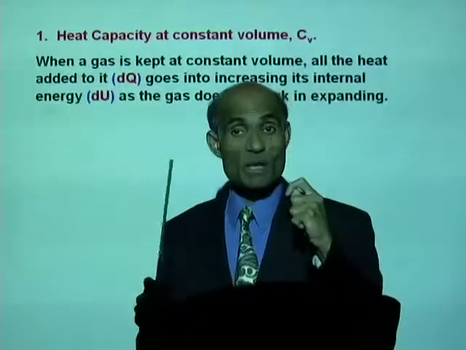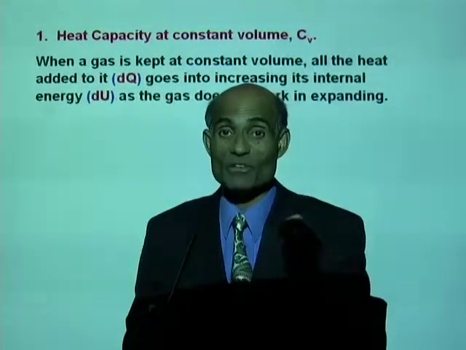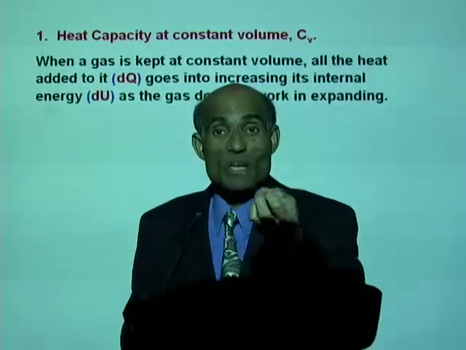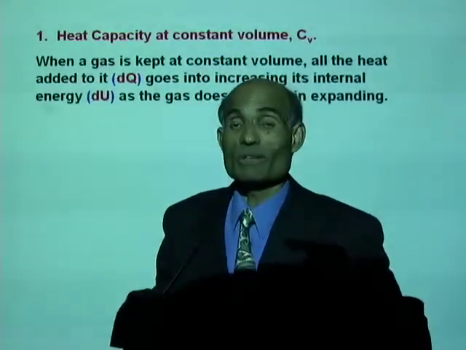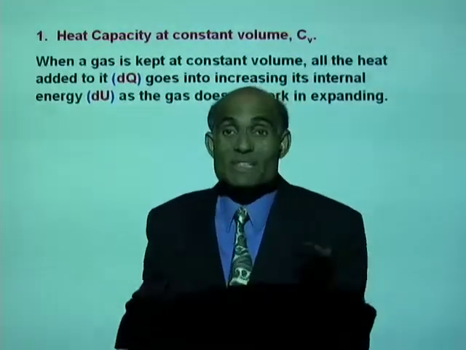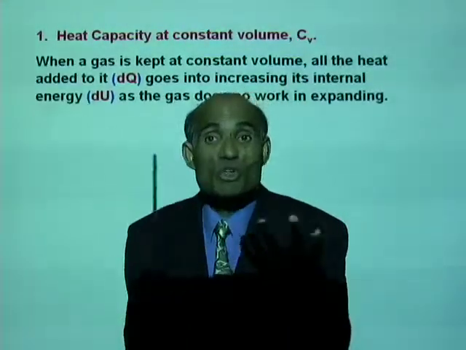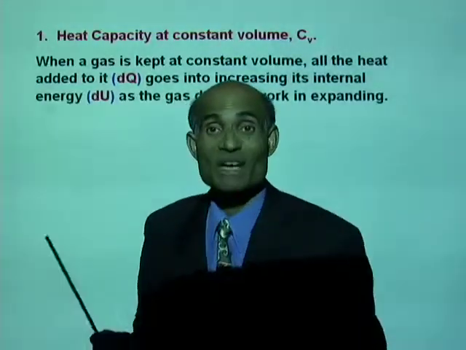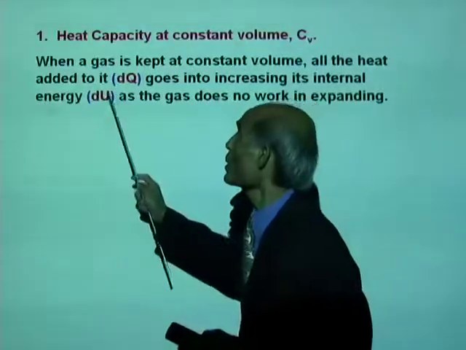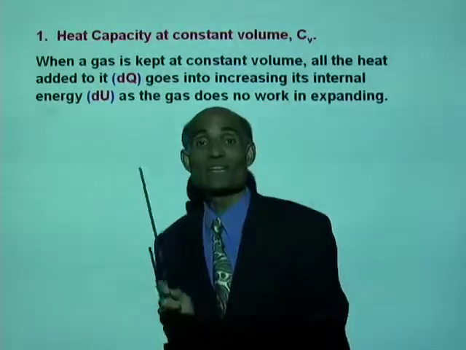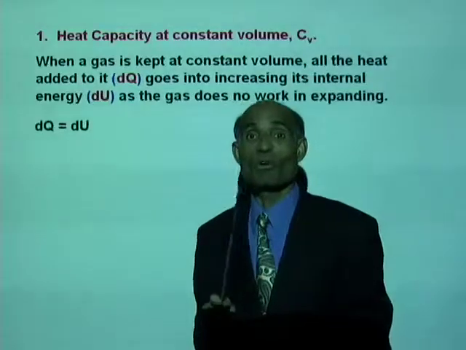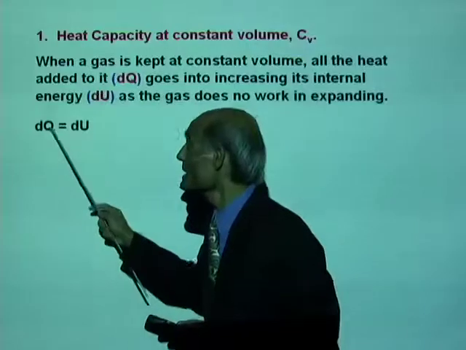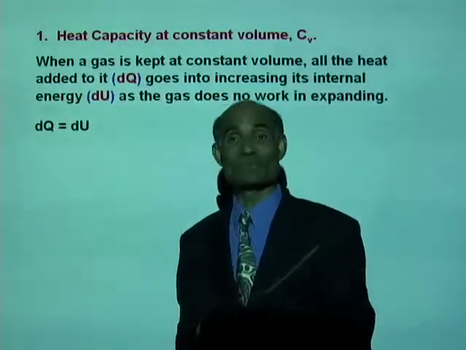If you remember, the amount of heat you supply to a gas will be used in increasing the internal energy and also doing work. Since when the gas is at constant volume, there is no work done, all the heat that you supply to the gas at constant volume goes into increasing the internal energy. Therefore, we can say when the gas is at constant volume, dQ equals dU.